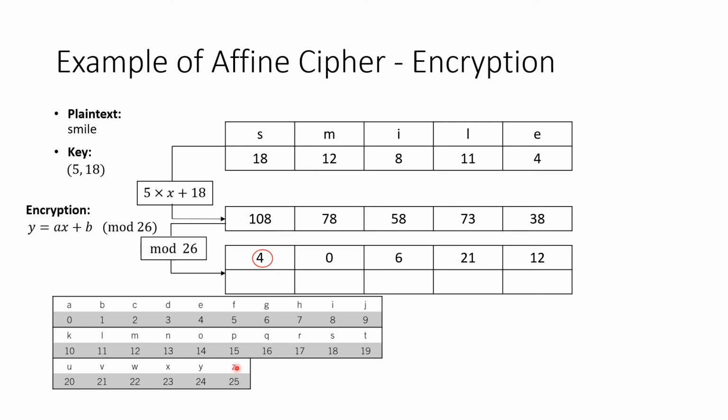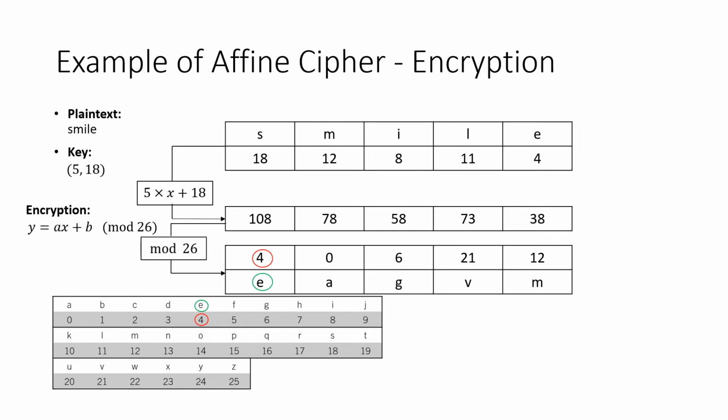We go to this table, we find number 4 here, and it corresponds to the letter E. So we write down letter E underneath 4, and we do the same process for the remaining numbers. So for example, 0 corresponds to letter A, and we complete the same process for the remaining numbers, and we get our ciphertext. As you can see, letters E, A, G, V, M.